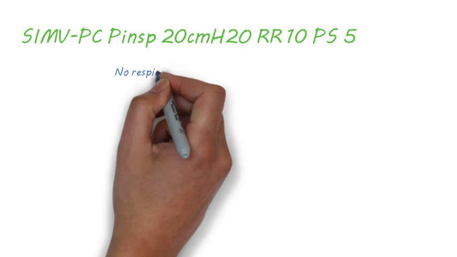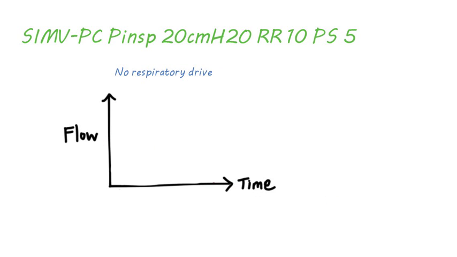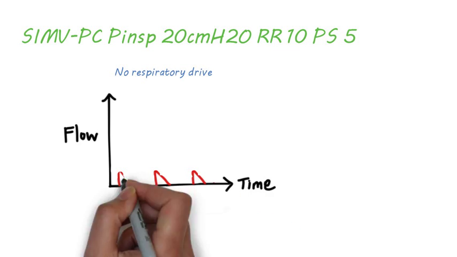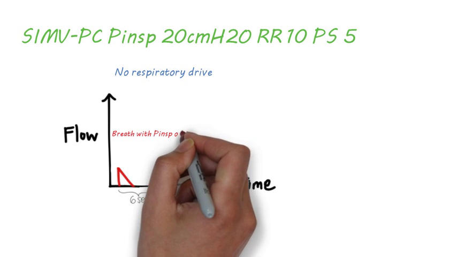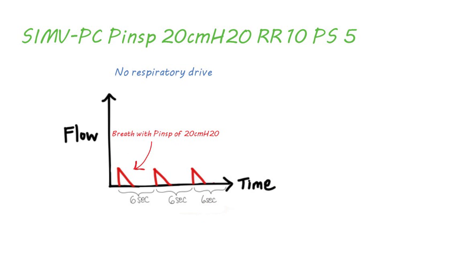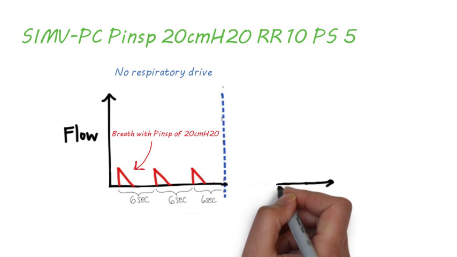If our patient has no drive to breathe over this setting, or is paralyzed and therefore unable to breathe over this setting, then every 6 seconds the ventilator delivers a breath to our patient via an inspiratory pressure of 20 centimeters of water.